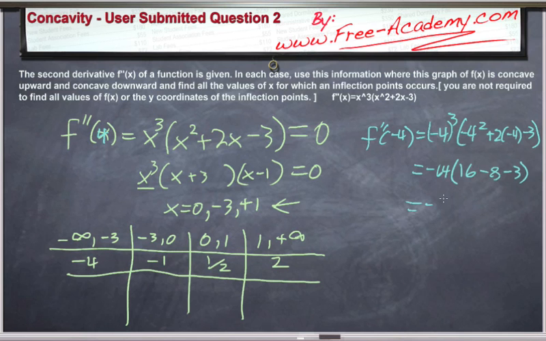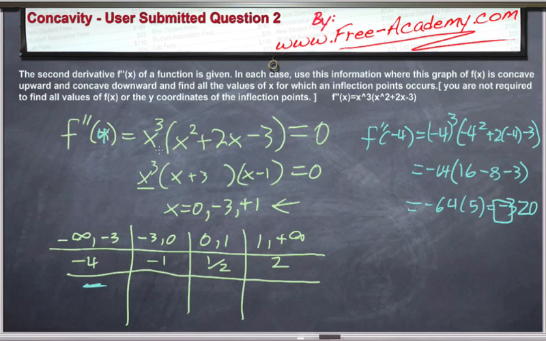So this is equal to negative 64 times positive 5, and this is equal to negative 320. Although I didn't really need to calculate that, we just need the sign. So this is a negative.